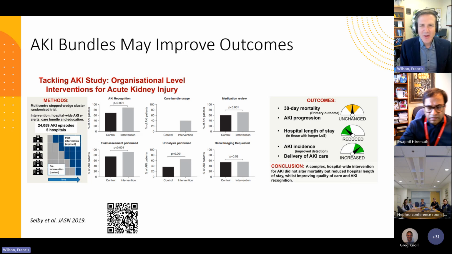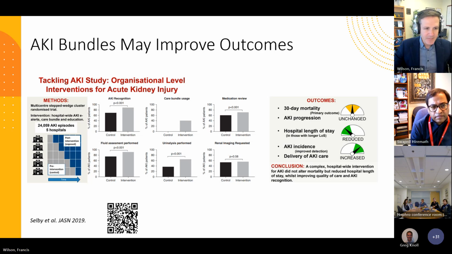But then we were starting to think, okay, what are they supposed to do, right? What we told them the patient has AKI. What are they supposed to do about it? And in 2019, Nick Selby came out with a nice step-wedged randomized trial from the UK across 5 hospitals, looking at an automated AKI alert, but coupled to what he called a bundle, which we often in the United States call a checklist.